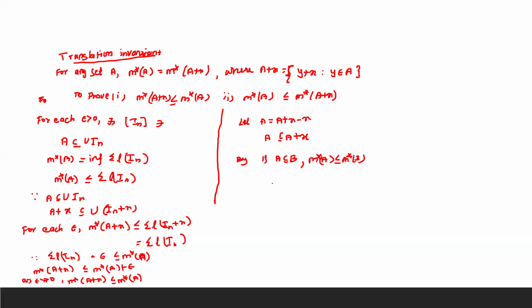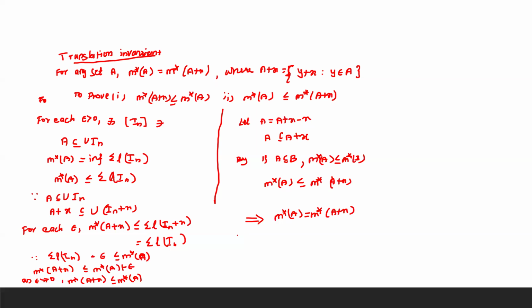By this property, we can write m star of A is less than or equal to m star of A plus x. So from these two inequalities, we get m star of A is equal to m star of A plus x.